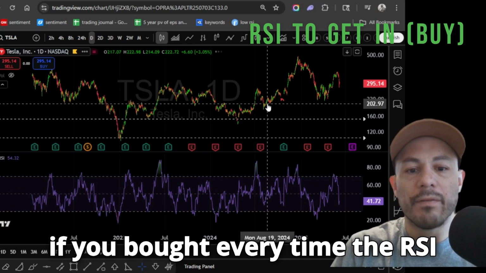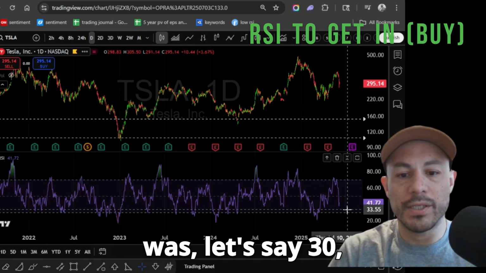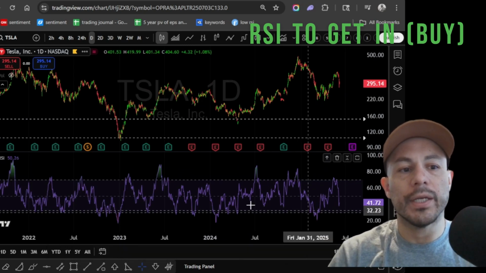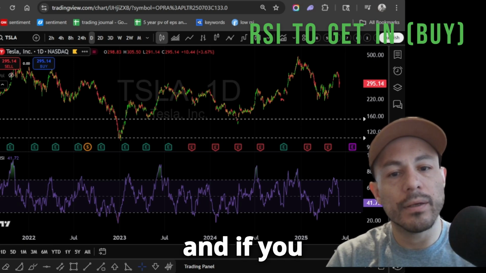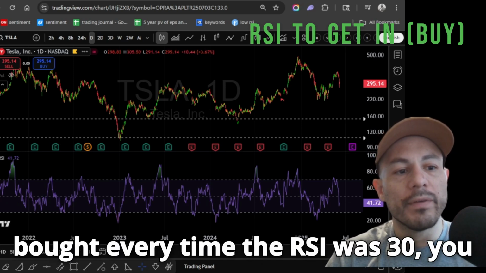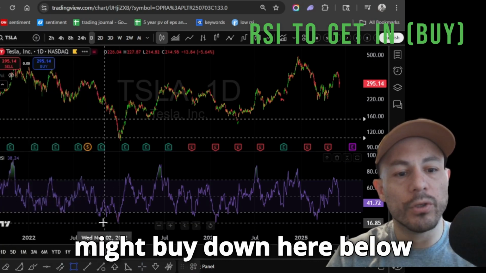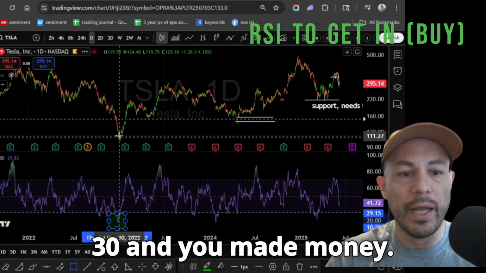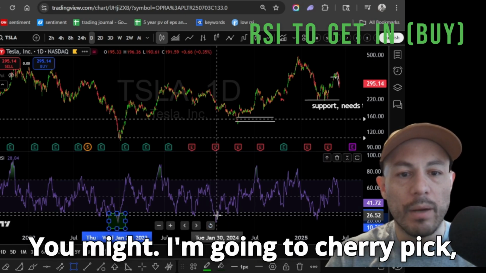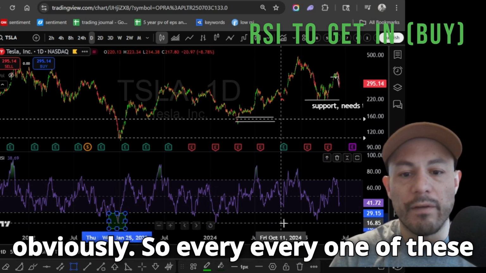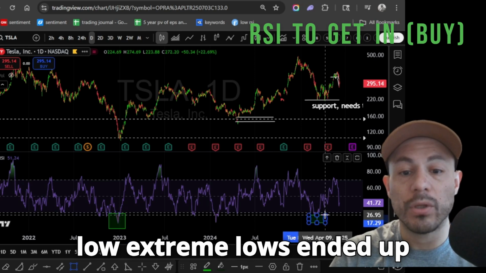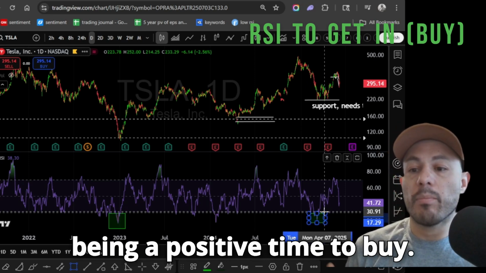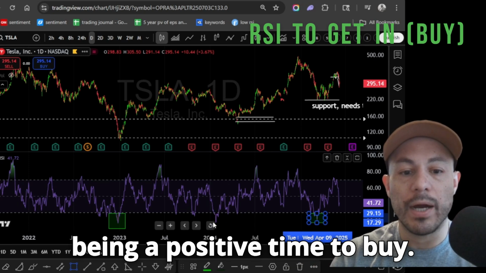if you bought every time the RSI was 30, you might buy down here below 30 and you made money. I'm going to cherry pick, obviously. So every one of these low, extreme lows ended up being a positive time to buy.